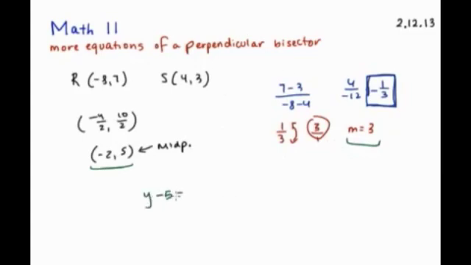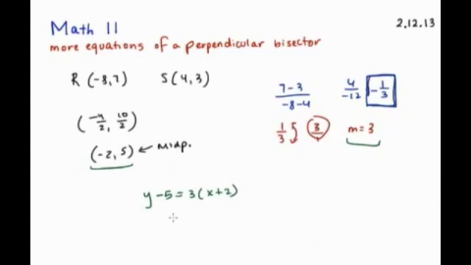Y minus 5 equals 3 times x plus 2, right? Because it's -2 and we're negative, so it's a plus. And we can leave it like this, but you could probably already tell that our point here is going to be -2, 5.